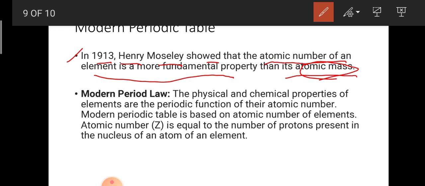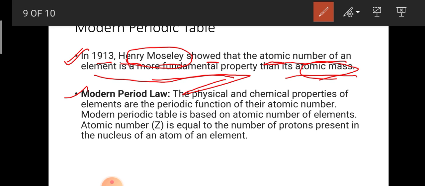But for the first time in 1913, Henry Moseley showed that atomic number is the more fundamental property, and that we should talk in terms of atomic number, not atomic mass.